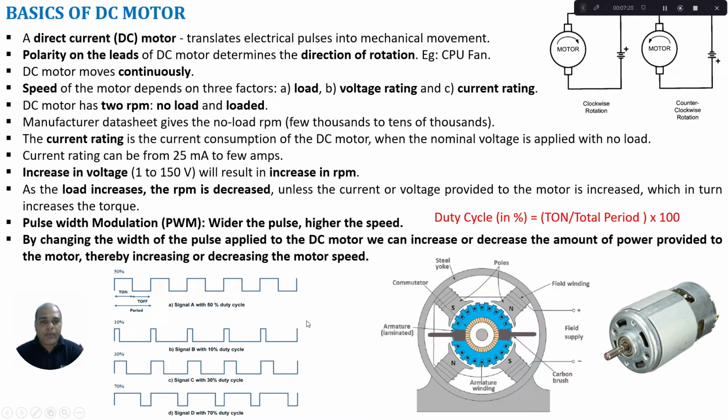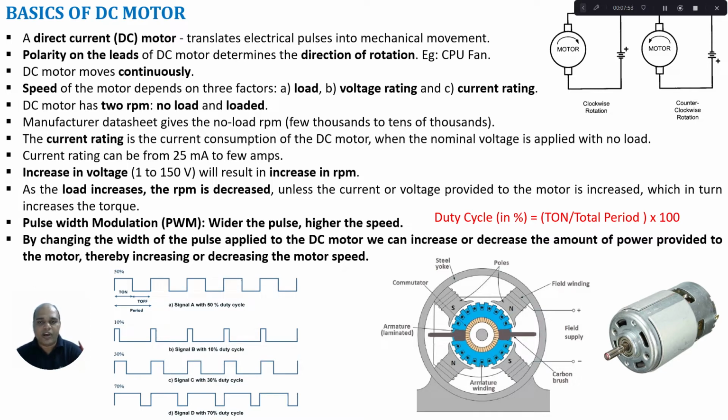And another important thing while we are working with any rotating structure is, these motors, as I said earlier, might require a current rating from 25 milliampere to a few amperes of current. So if a motor requires some 25 milliampere, then we can directly connect that motor to a microcontroller, because our Atmega 2560 microcontroller will be able to generate 40 milliamperes of current through the GPIO pins.